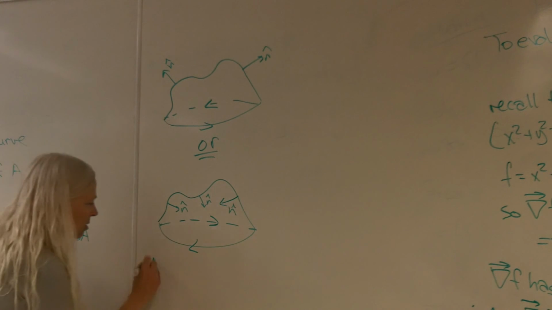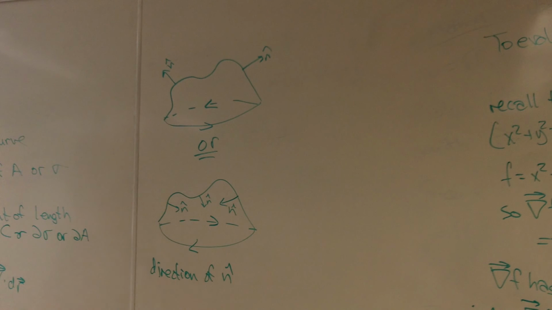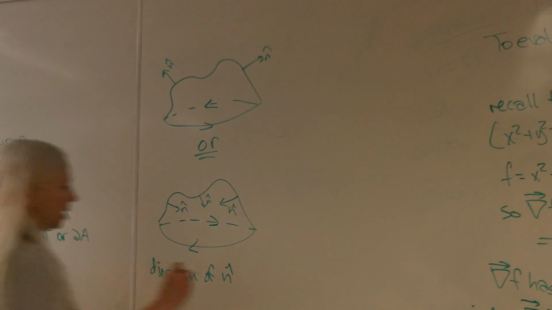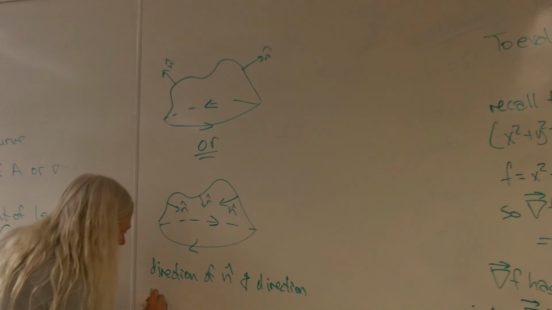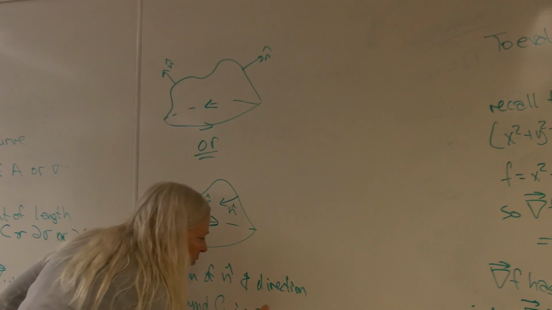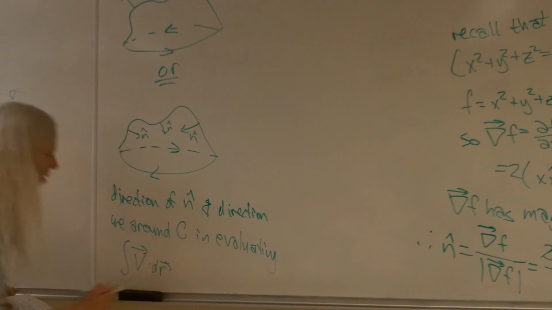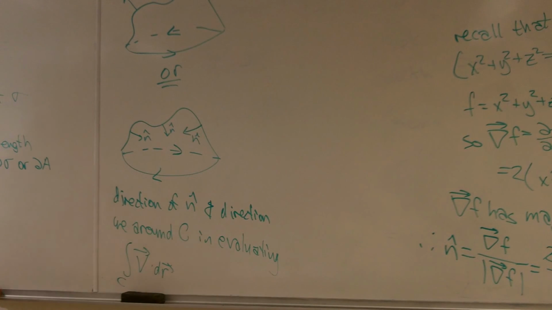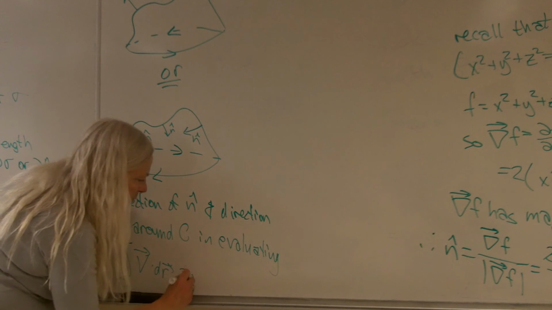Again, the direction of the n hat unit vectors, or equivalently the d sigma or dA if you want to define the vectors that way, and the direction we go around the curve C or delta A in evaluating the integral of v dot dr around that curve are related by the right-hand rule.